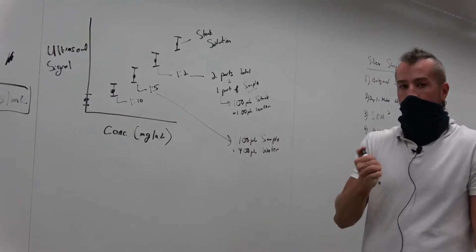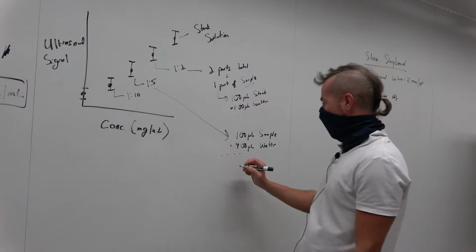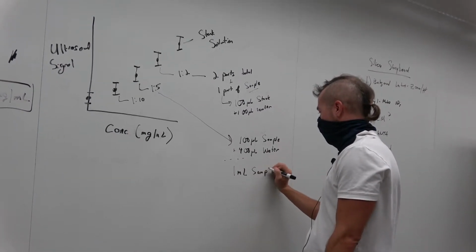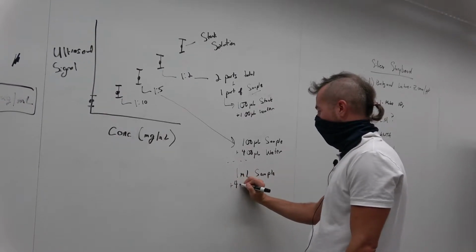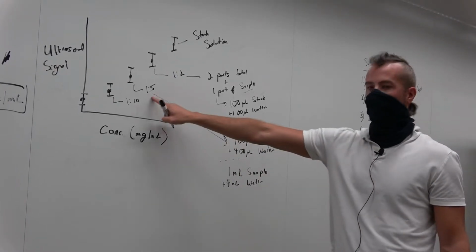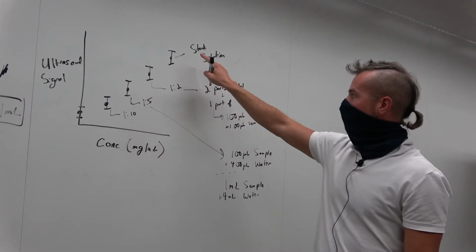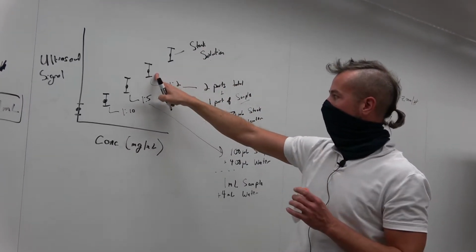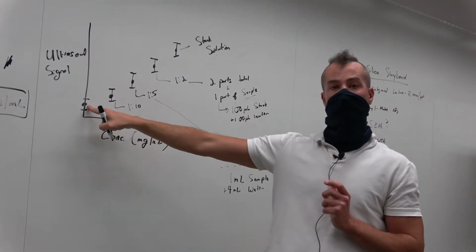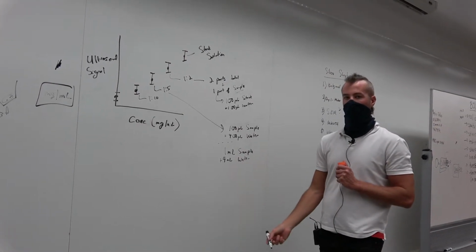These numbers aren't that important. We could have just as easily said 1 milliliter of sample plus 4 milliliters of water. This would still give us a 1-to-5 dilution factor. Okay? So stock solution, a dilution factor 1, dilution factor 2, dilution factor 3, and finally this is only your diluent, so only water.